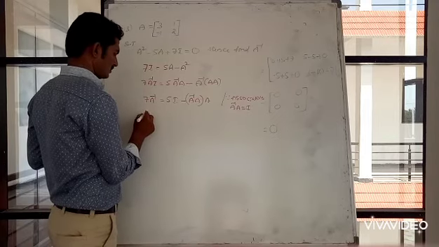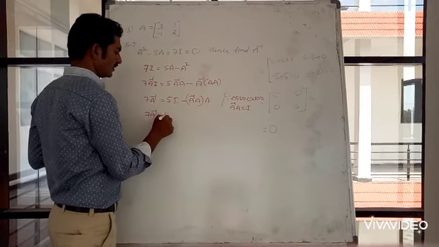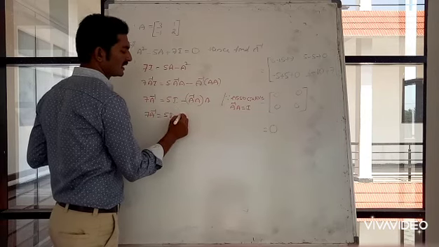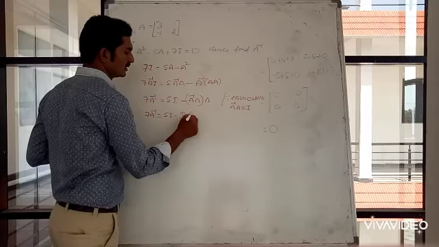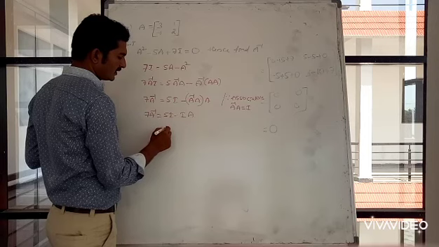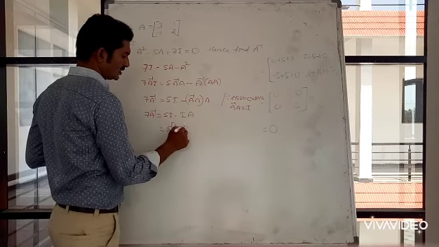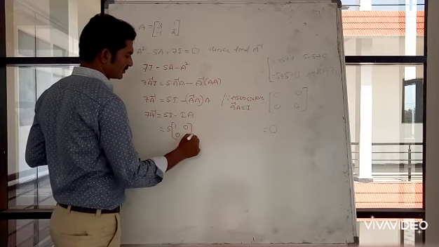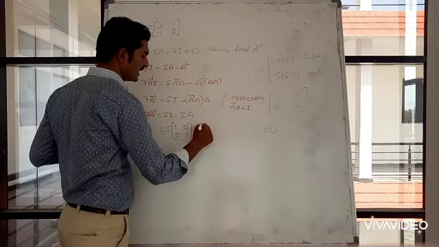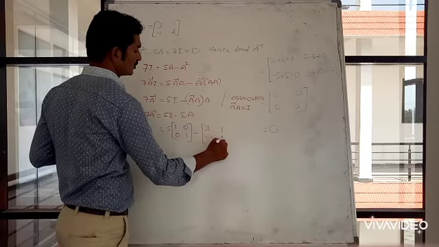Next, 7 into A inverse is equal to 5I minus A inverse into A. We can write I into A, where I is the identity. 5 into I, the matrix 1 0 0 1, minus I is the identity, we get A only. What is A? 3 1 minus 1 2.